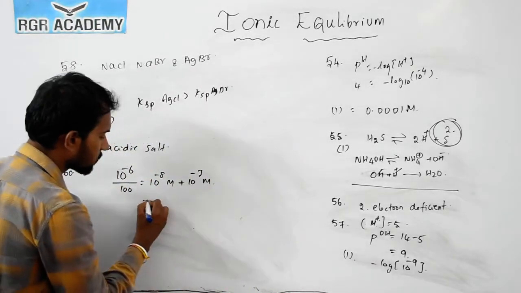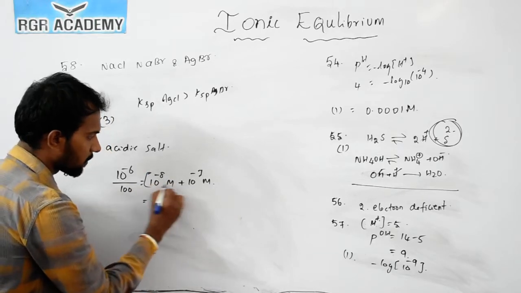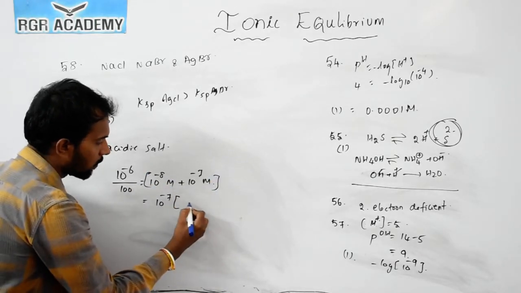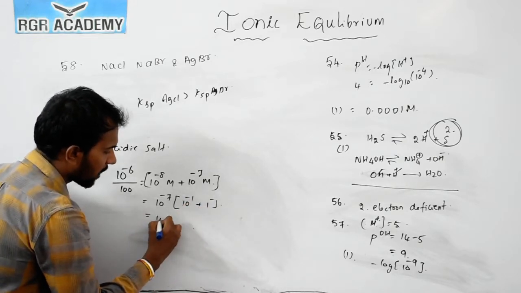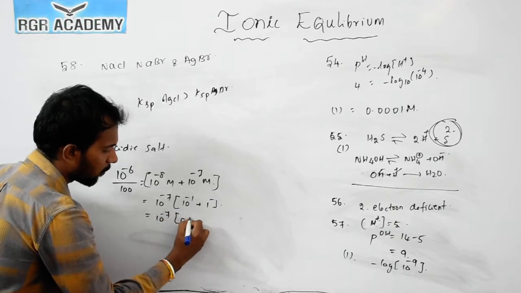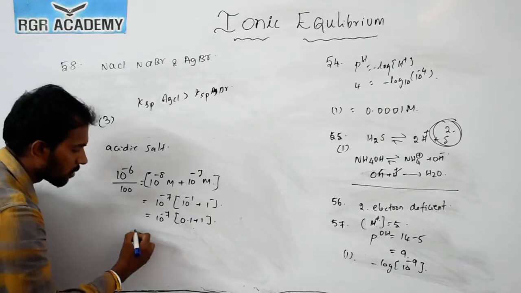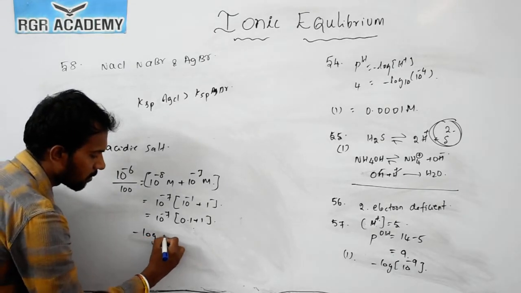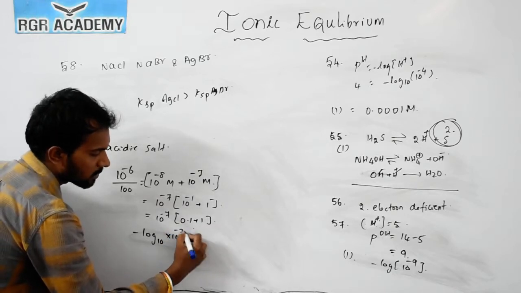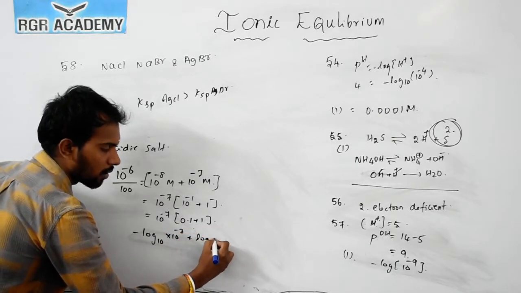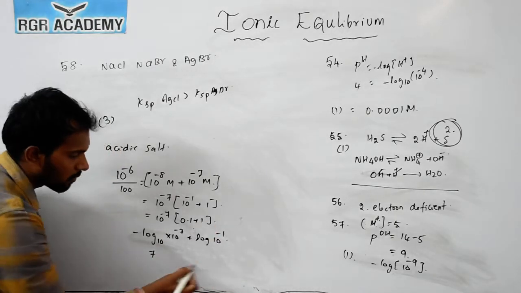So take these values separately, 10 power minus 7, and you will get 10 power minus 7 times 1 plus 0.1. So we take minus log to the base 10 of the concentration, 10 power minus 7 plus log of 10 power minus 1.